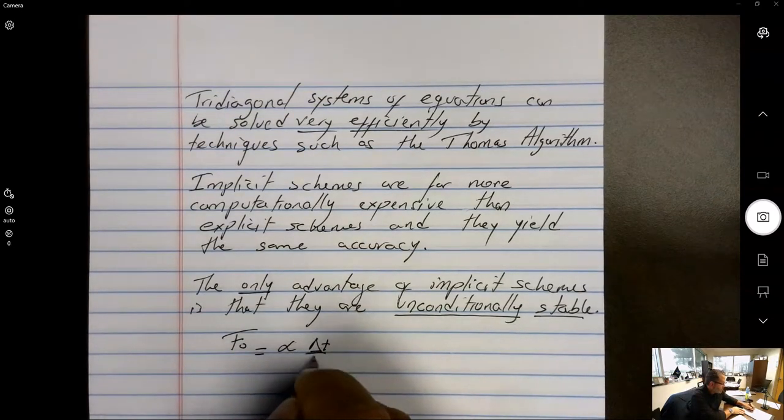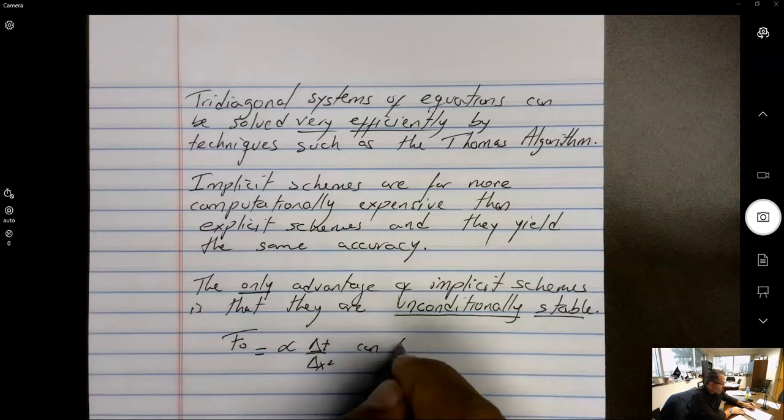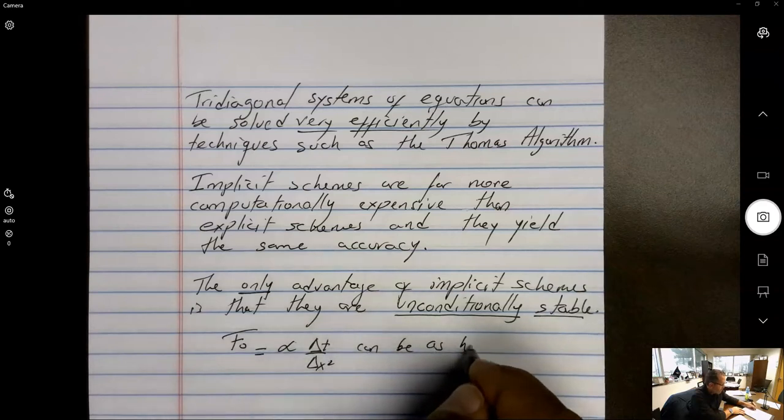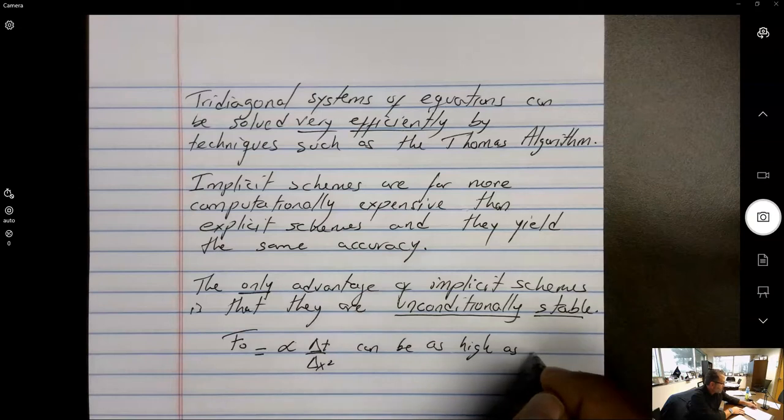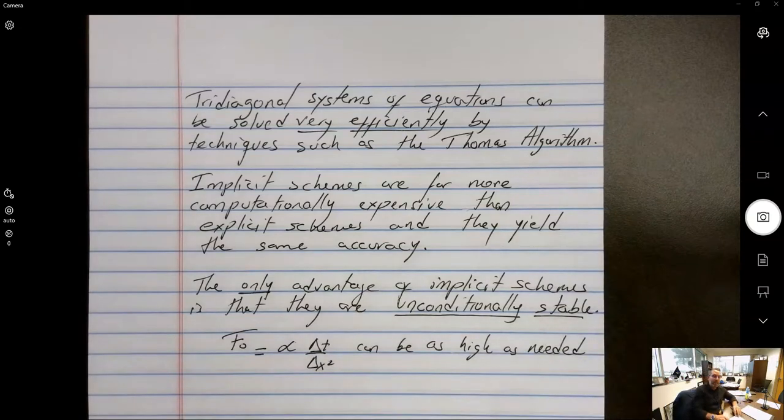Alpha delta t over delta x squared can be as high as needed. So you don't have to compress the size of delta t to an unreasonably small value to make this Fourier number small. So you can actually make delta x small, right? Which is what you want.